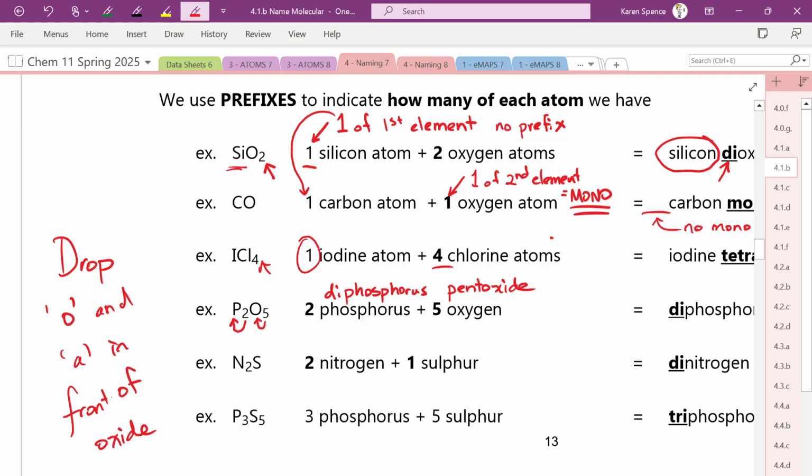So rather than mono-oxide, we just do monoxide. Rather than tetraoxide, it becomes tetroxide. Okay?